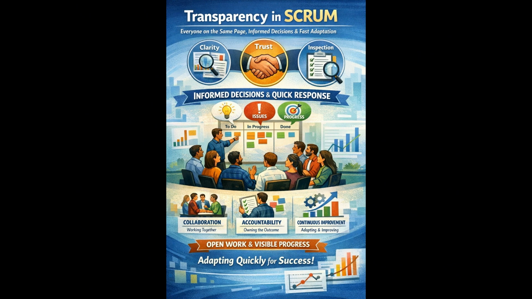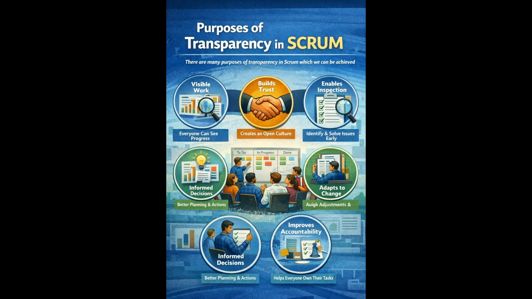By being open about work and progress, teams can adapt quickly, fostering a more efficient and successful Scrum process. There are many purposes of transparency in Scrum, but I discuss some purposes only here.